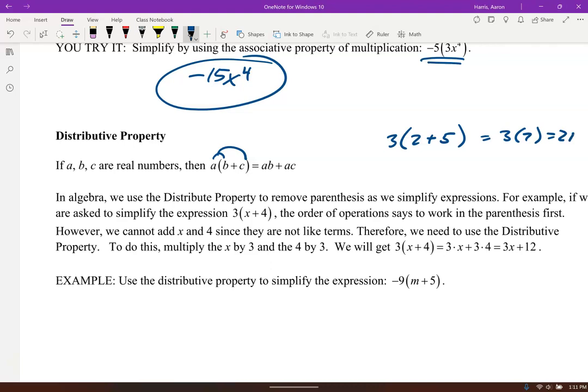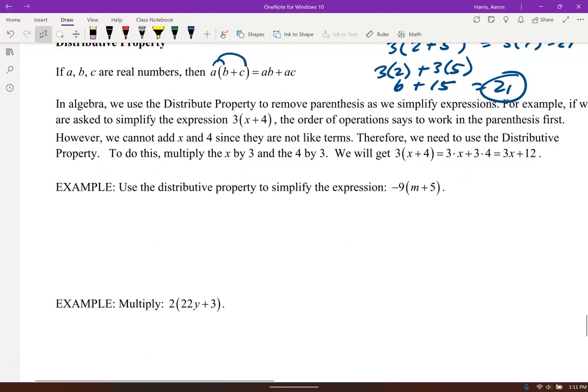But the distributive property says that it's also equivalent to 3 times 2 plus 3 times 5. In other words, 6 plus 15 is, guess what? It's also 21. So let's go ahead and use this distributive property here with this variable. So -9 times m plus -9 times 5. So I got -9m plus a -45, so minus 45.